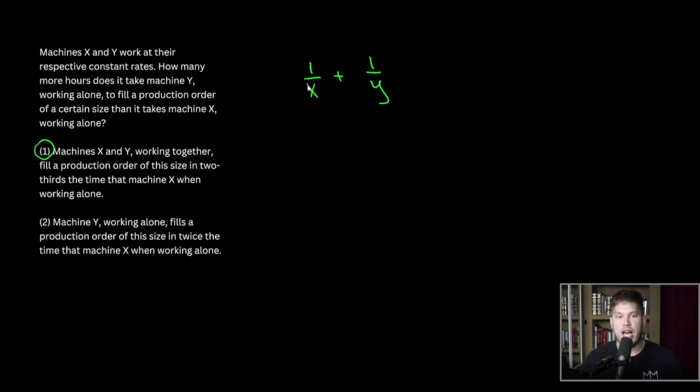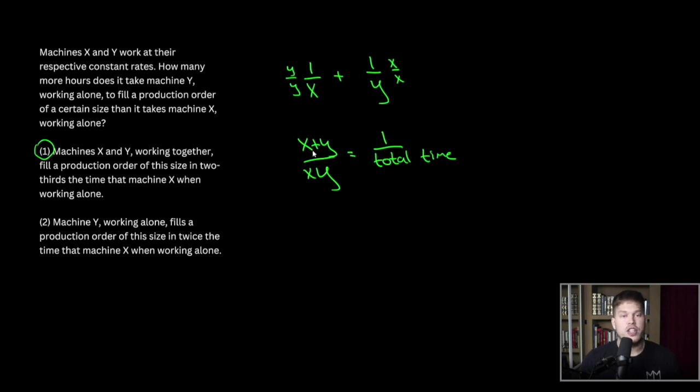Well, of course, we need to have a common denominator to sum these two fractions. So we can have Y over Y and X over X. And so this simplifies to X plus Y over X times Y. Again, recall that this equals 1 over the total time spent. Okay, so if we just want to know the total time, we're going to reciprocate this.